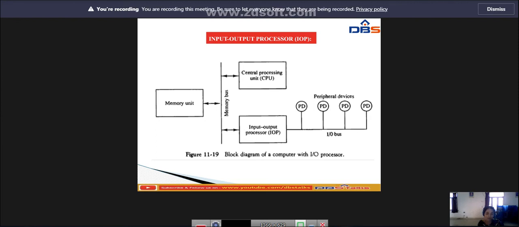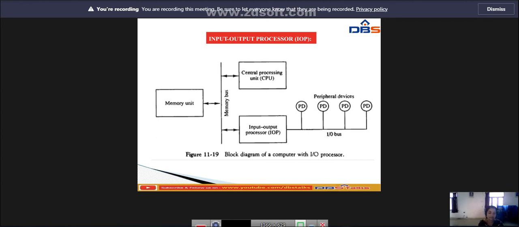The CPU, the central processing unit, is responsible for processing the data needed in the solution of computational tasks. The input output processor provides a path for transfer of data between various peripheral devices and the memory unit.